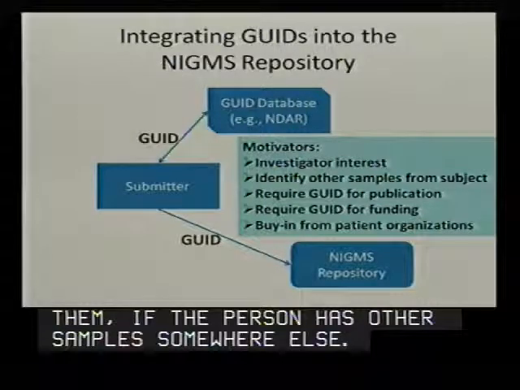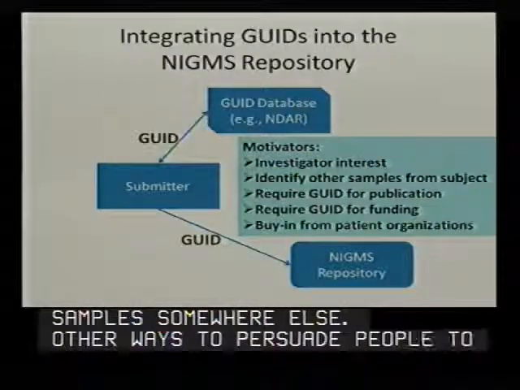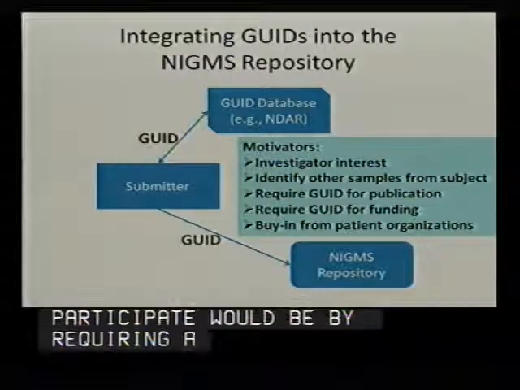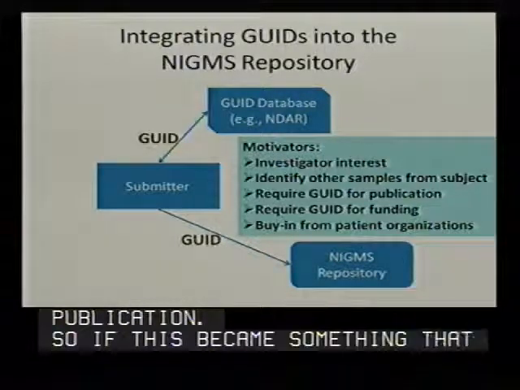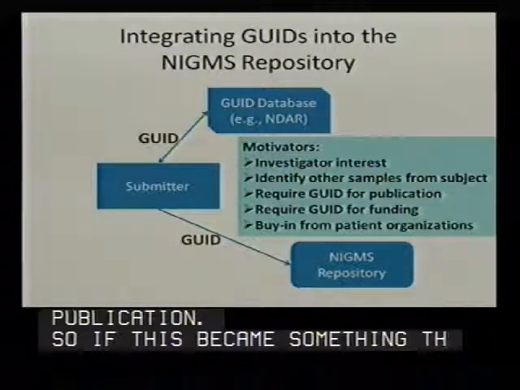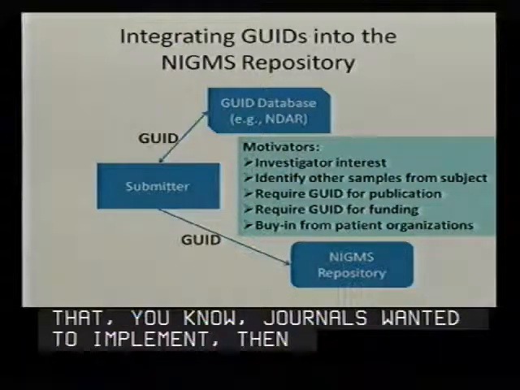Other ways to persuade people to participate would be by requiring a GUID for publication. If this became something that journals wanted to implement, then potentially, in certain cases, it could be required.